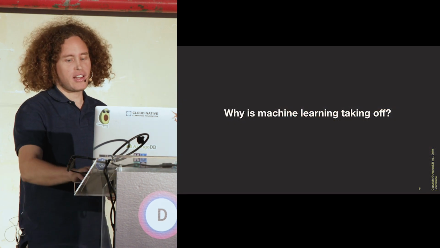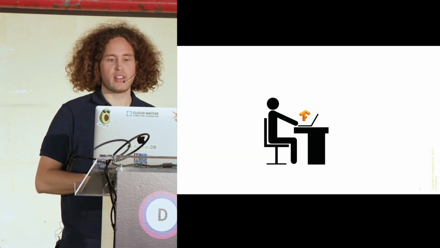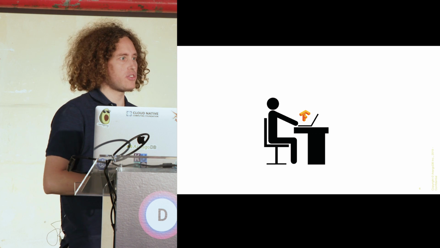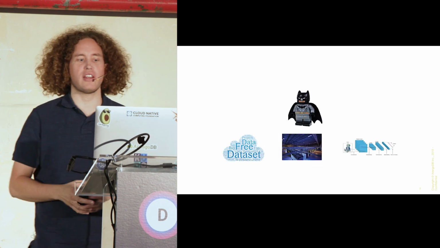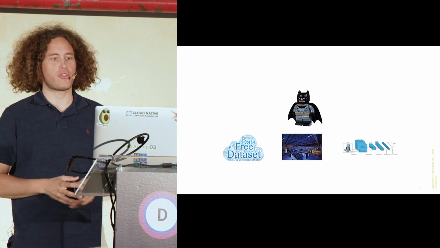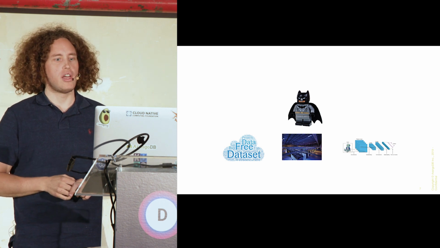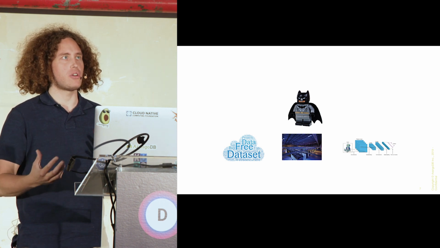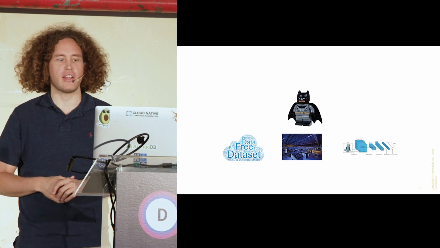All right, a quick dive into why machine learning is taking off. With TensorFlow and those tools, it's super easy for any of us to become the superhero data scientist. This is driven by a number of factors. First of all, as of today, we have large data sets available, which help us utilize, for example, deep neural networks, which rely on a lot of data.